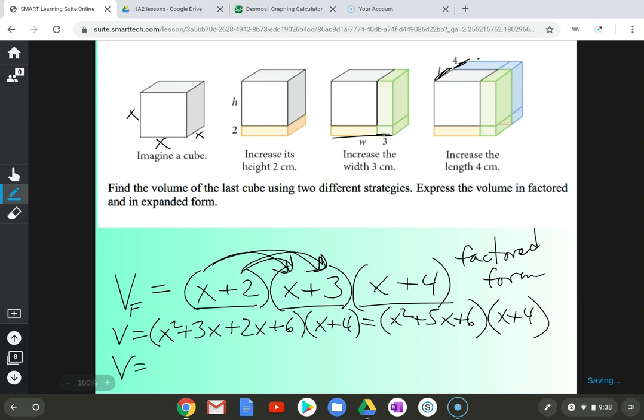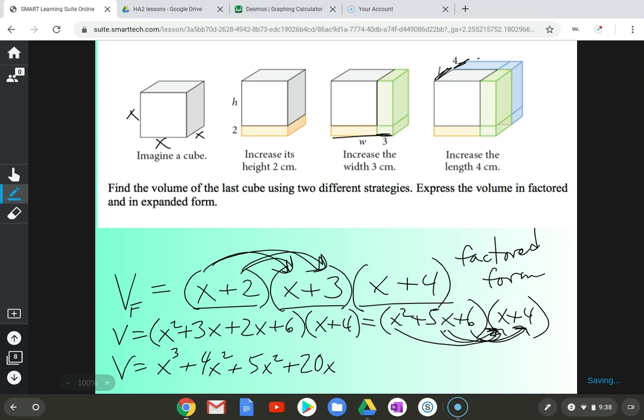Now I'm going to multiply these two together. So I'm going to start by taking my x squared times each of these terms. So x squared times x is x cubed. x squared times 4 is 4x squared. Then I do my 5x times each of these terms. 5x times x is 5x squared. 5x times 4 is 20x.